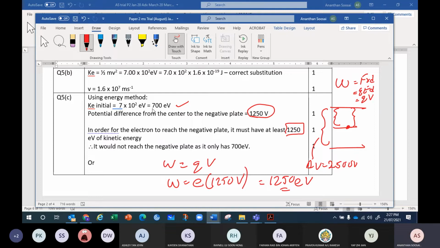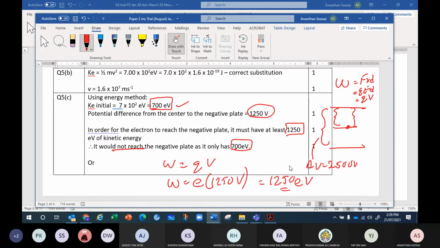But the kinetic energy possessed by the electron is only 700 eV. For the electron to reach the plate, it must have 1,250 eV, so it would not reach the negative plate.